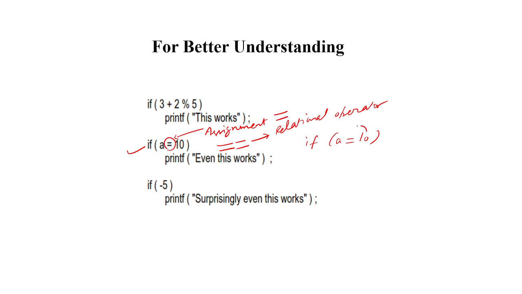So here 10 is assigned to a, and this can be written like if 10. So 10 is a non-zero value, and a non-zero value is always true. As this condition is true, it will print even this works.